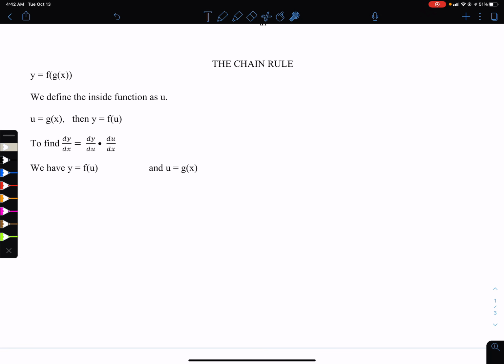So looking at what we have, if you look at this, our function's y, our variable's u. So we're able to find a dy du out of that. And if you look at this one here, our function's u, our variable's x. What are we able to find?